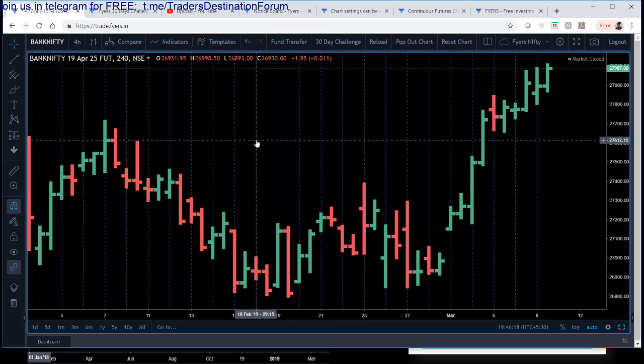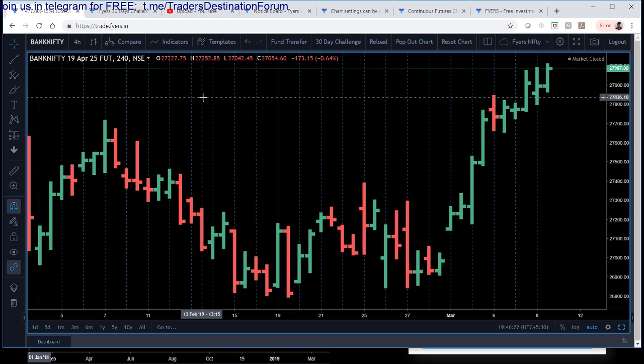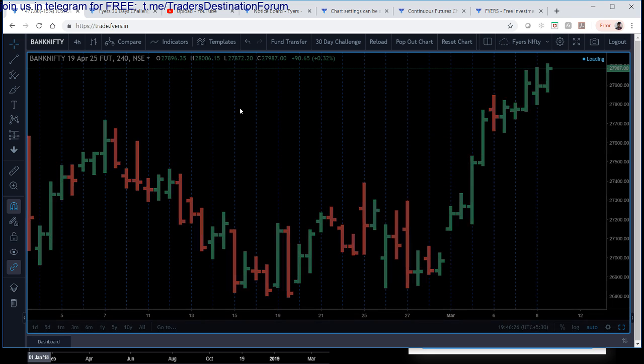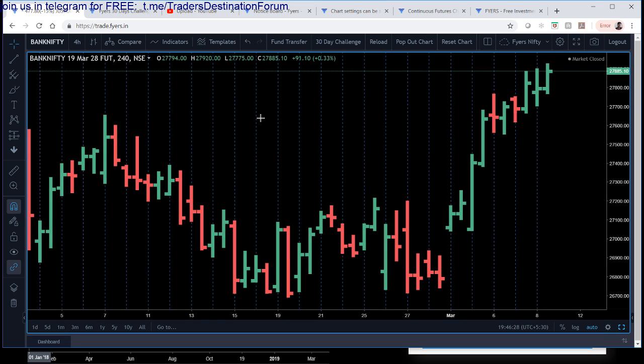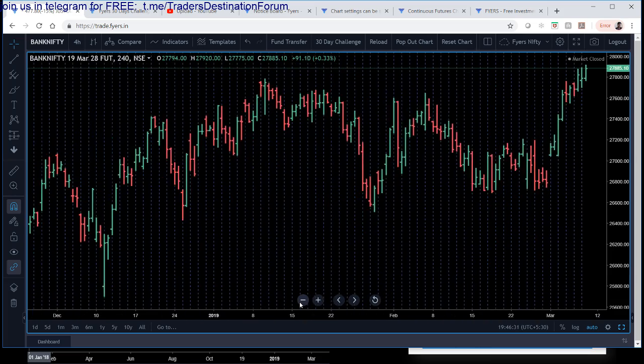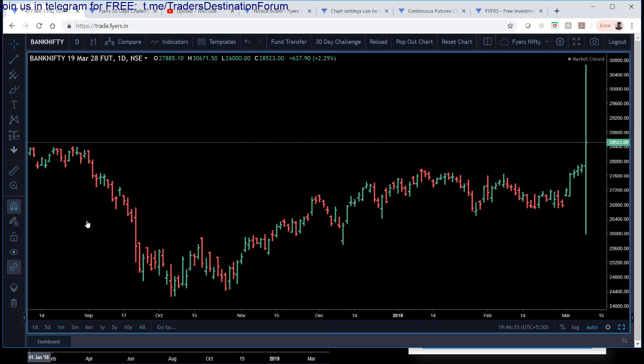Say for example, Bank Nifty is loaded in front of you. I'll just show you the Bank Nifty March contract. So this is the Bank Nifty March contract. If you want to see what happened to this script in the last few months, you will be able to see that as well.